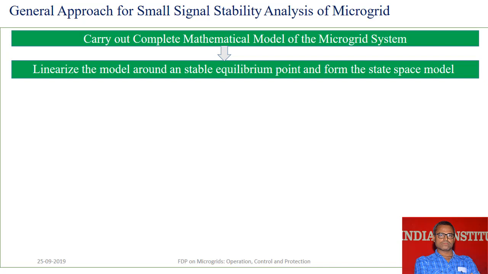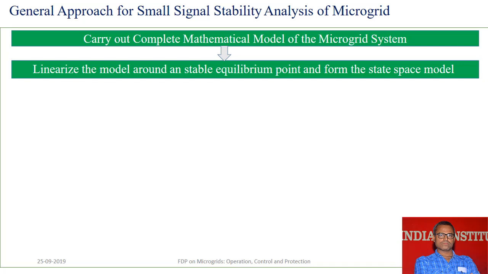And the linearized model is easy to analyze because it's a linear model. The complexity arises with the non-linear model, which is difficult to analyze. So even though it is possible to do small signal stability with the exact model, it creates more complexity. Therefore, it is better to use the linearized model.